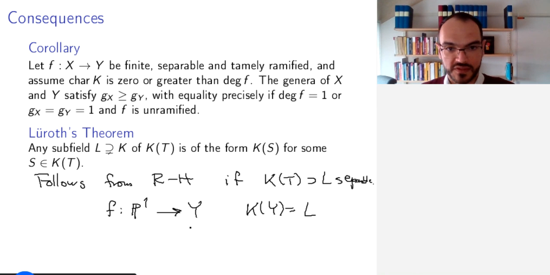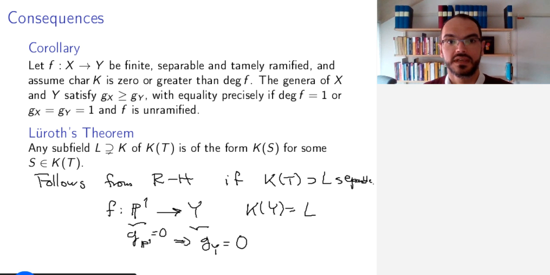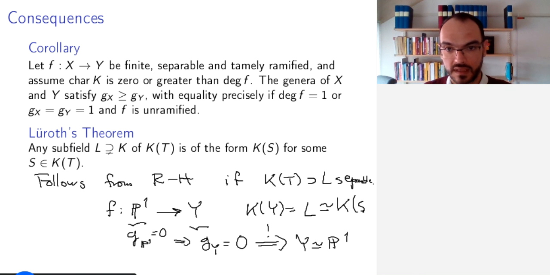But then this y has to have genus 0. Why is that? Well, because the genus of P1 is 0, and so by the previous corollary, this implies that the genus of y is 0. And then, in fact, this implies, even though we are not discussing this right now, that y has to be isomorphic to P1, which means that the function field has to be of this form for some s.